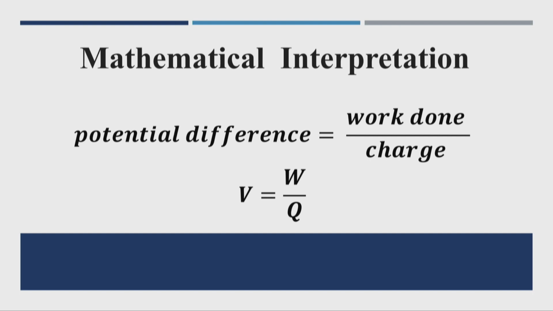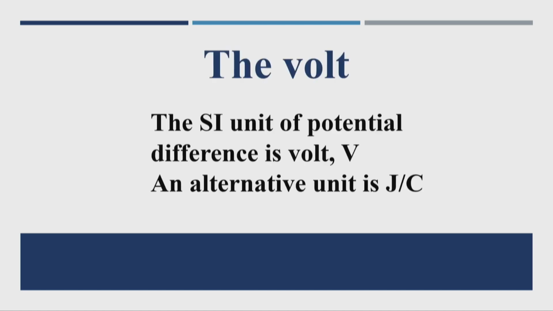The SI unit for potential difference is volt, but from this equation, we see that another unit for volt is joule per coulomb because W is in joule and Q is in coulomb. So, we have learned that the SI unit of potential difference is the volt and an alternative unit is joule per coulomb.